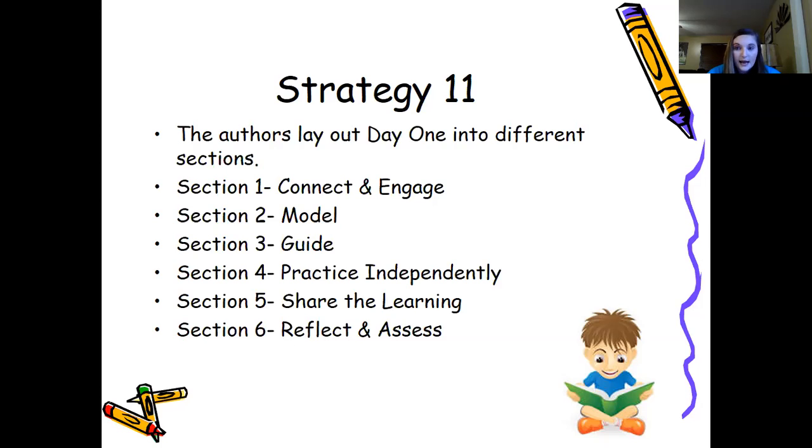aloud. Next, they're going to do the practice independently. So you're going to tell them, now you're going to go off and do some writing in your notebooks. You can write about what you think is important about this story and what blank did. So whoever you are talking about in this lesson, you're going to write what they did that was important. What did they do? Why are they important?